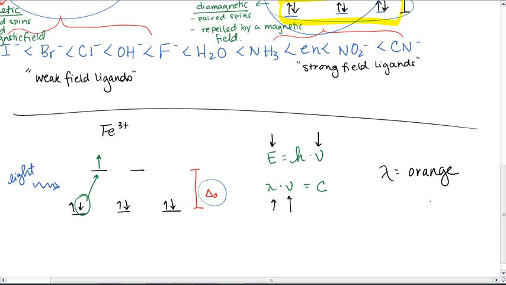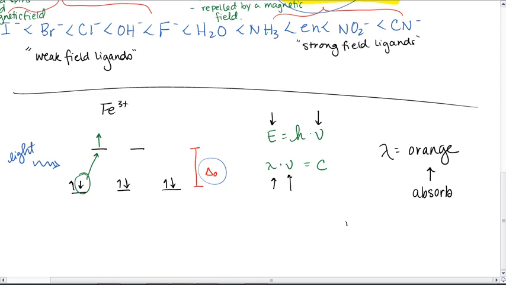No. This would represent the wavelength that it would be absorbing, because that would correspond to that energy. So if it's absorbing orange, what color would we see? Blue, because blue is the complementary color.